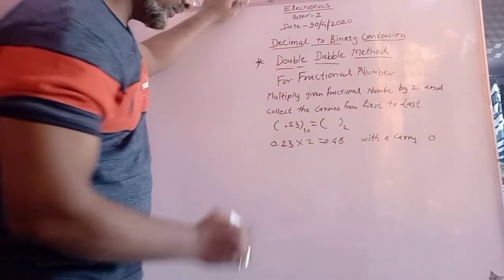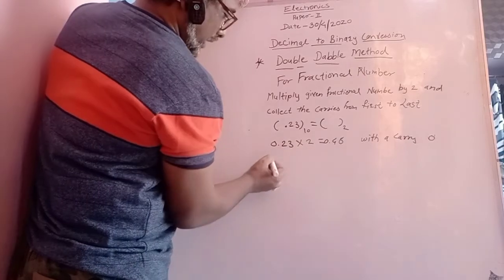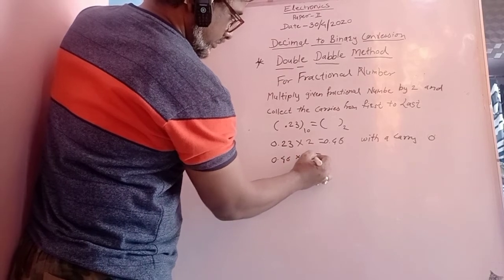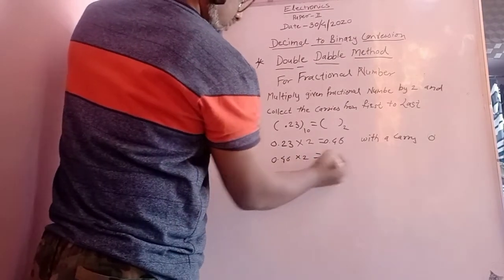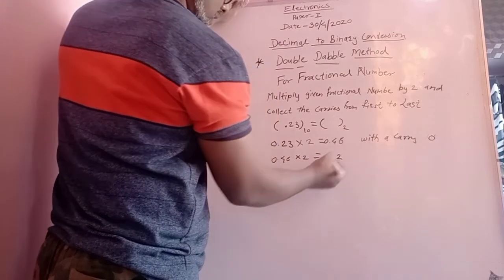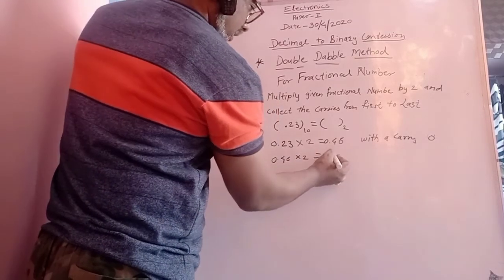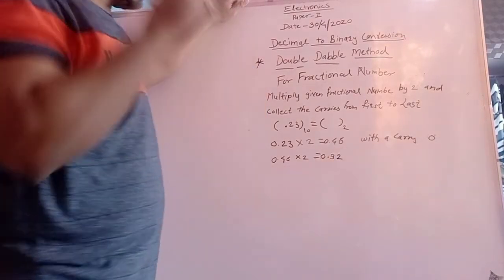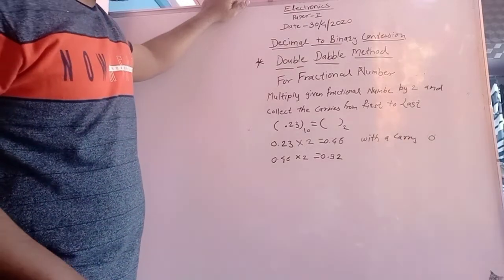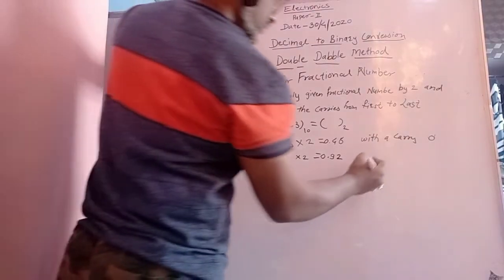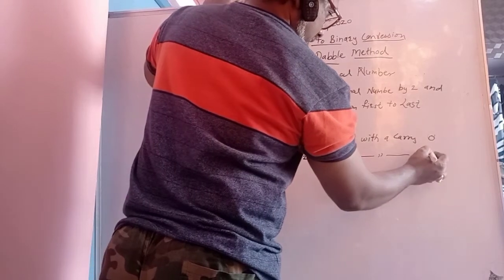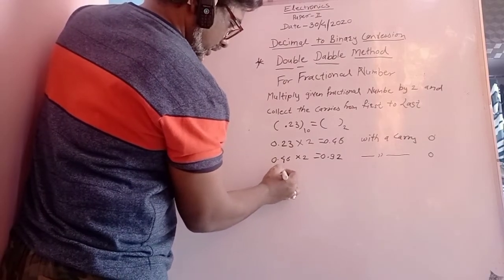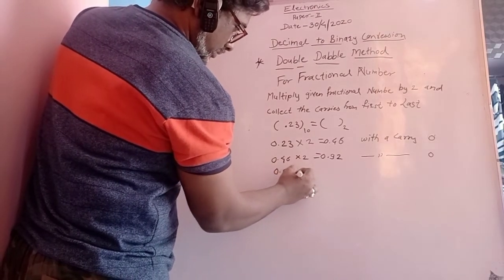Again multiply 0.46 into 2. It becomes 2 times 6 is 12, 2 times 4 is 8, 9, so there is also no carry. 0.92 with carry 0.